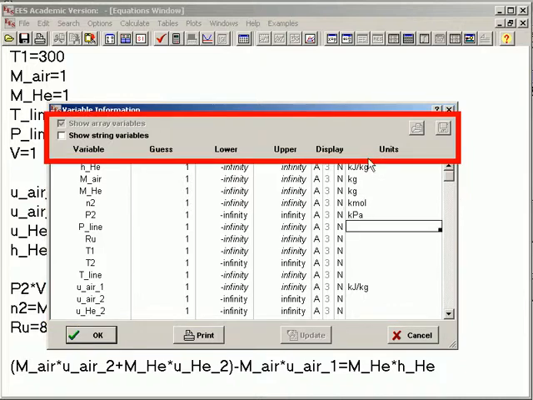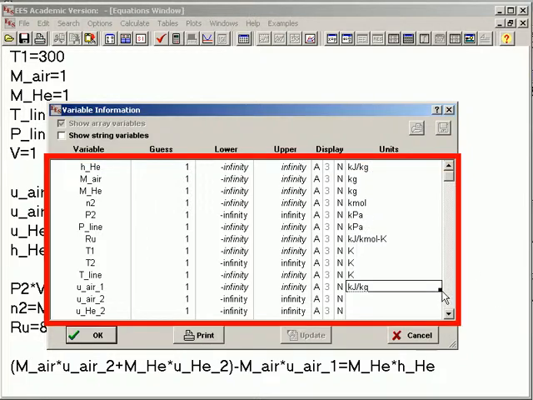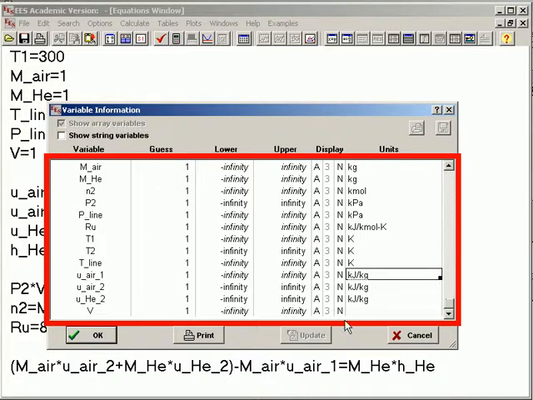Pressure is in kilopascals. The universal gas constant is in kilojoules per kilomole Kelvin. Temperature is in Kelvin. And finally, the internal energies here are in kilojoules per kilogram. And then the final thing, the volume, is in meters cubed.